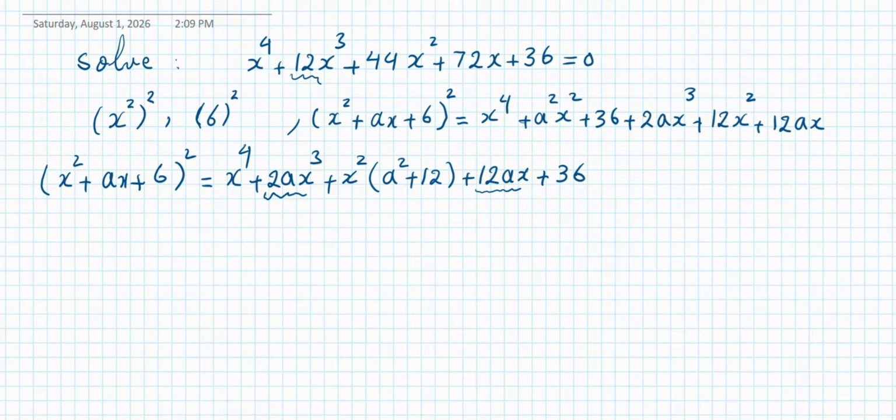So here we realize that 2a has to be 12 and a has to be 6. So we expand this, we rewrite it again. So this a now has to be 6.